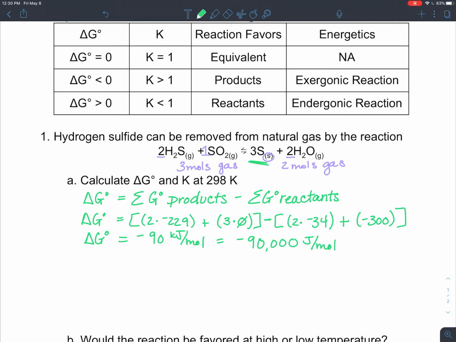So that gives us our delta G value under standard conditions. So that is this aspect of the problem.